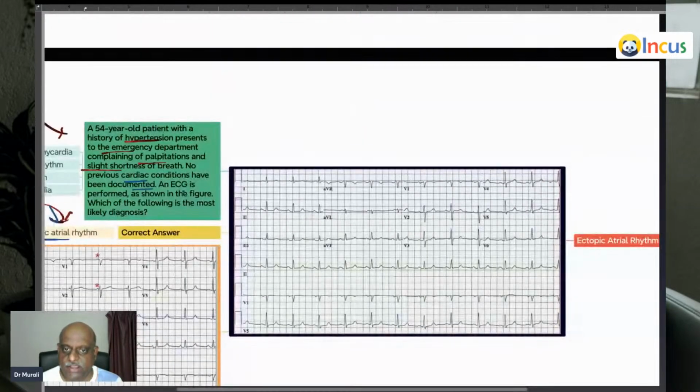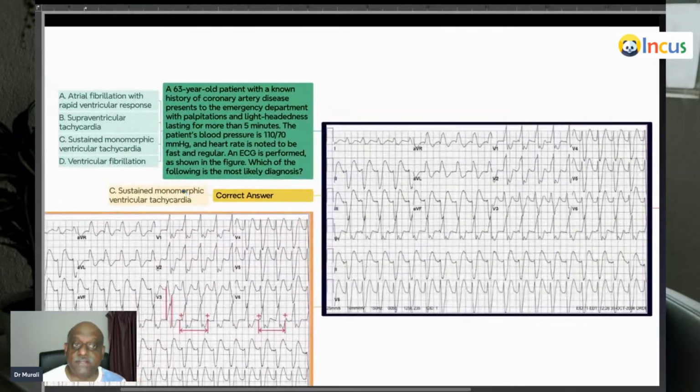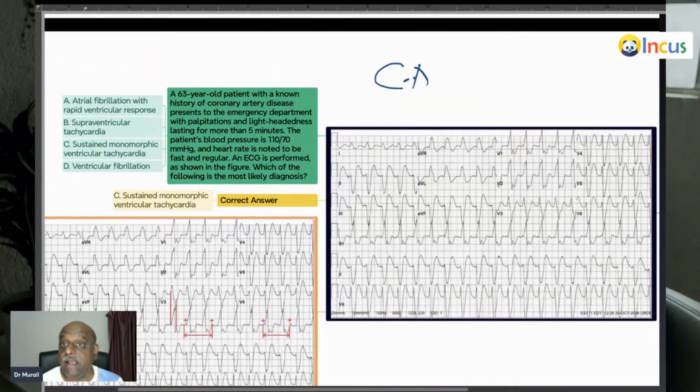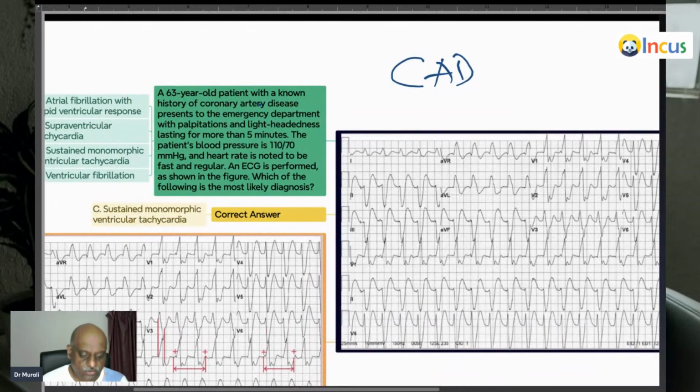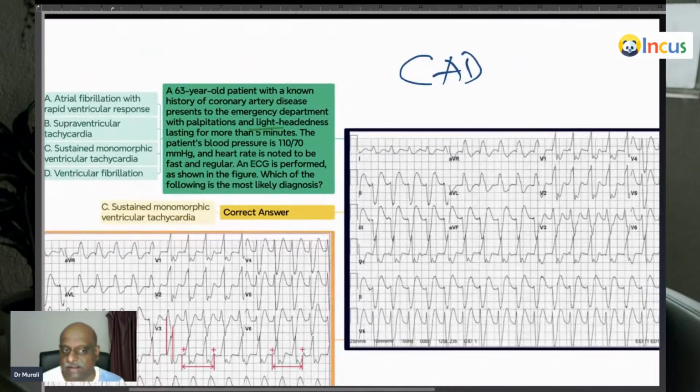Now let's go to the next question. A 63-year-old with coronary artery disease, a very important clue. Coronary artery disease presents to the emergency with lightheadedness lasting more than 5 minutes, BP is 110/70, ECG is being done.